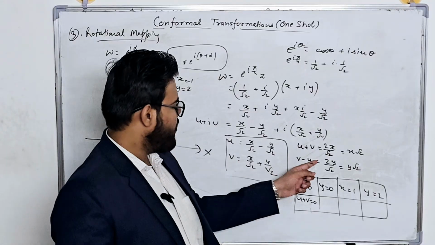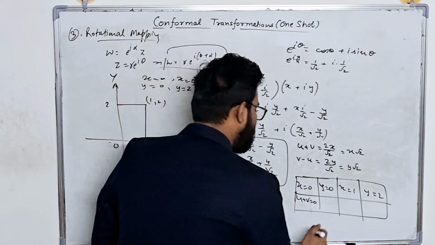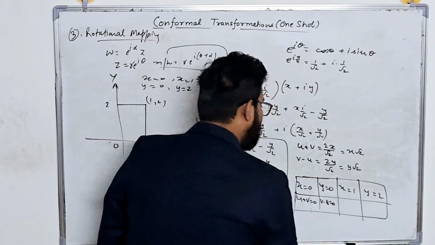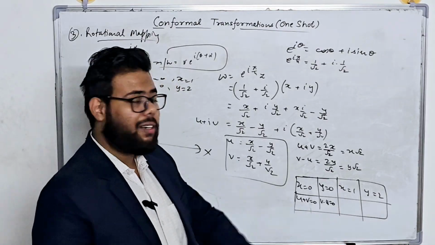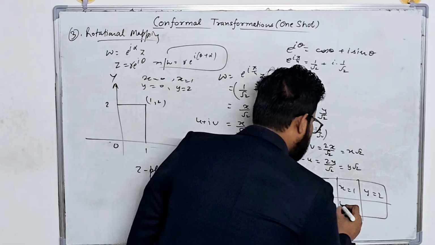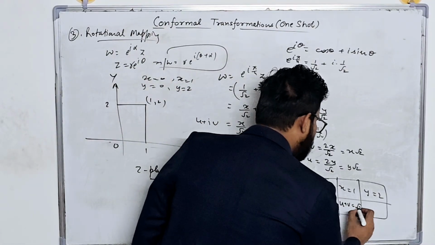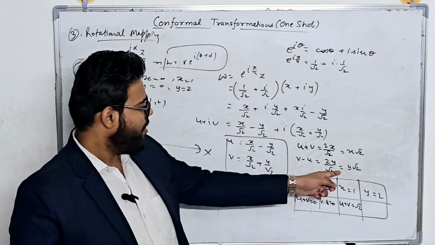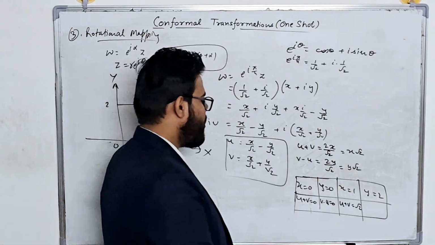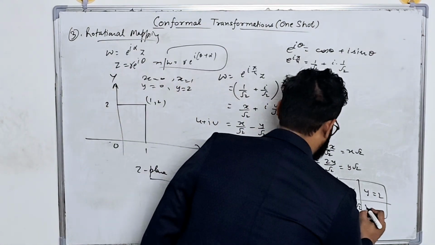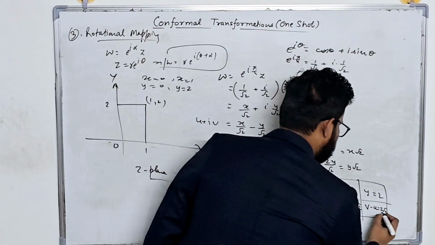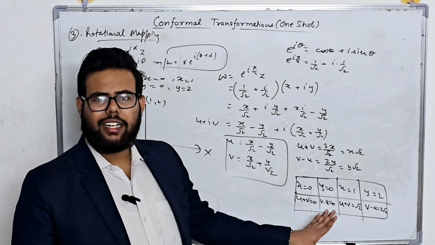And when we have y is equal to 0, we have v minus u is equal to 0. And when we have x is equal to 1, we have u plus v is equal to root 2, right? And when y is equal to 2, we have v minus u is equal to 2 root 2, right? Okay, are you understanding it or not?